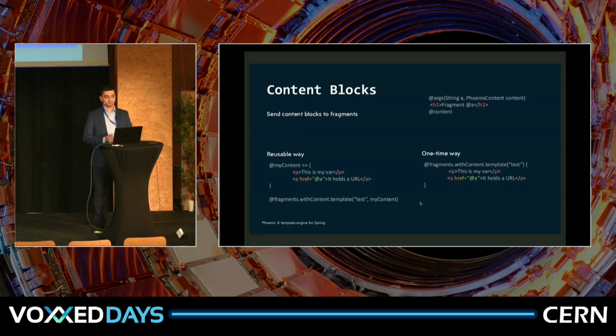And instead of using a simple content block defined as a variable, you can pass it directly under curly braces to the template. And if the last object from the arguments of the template is a Phoenix content, everything will work and no need to instantiate explicitly another variable.